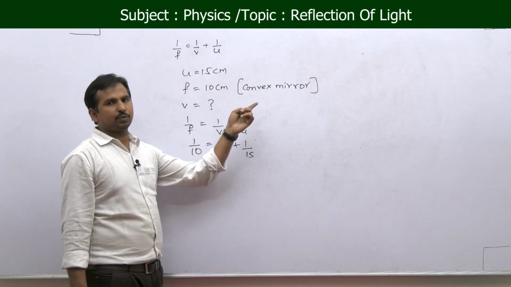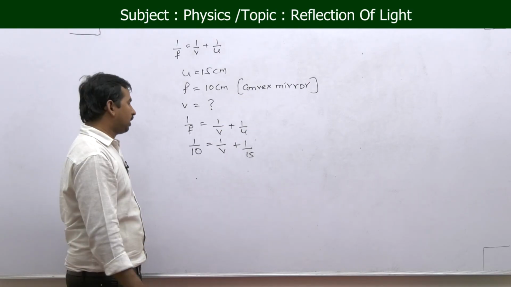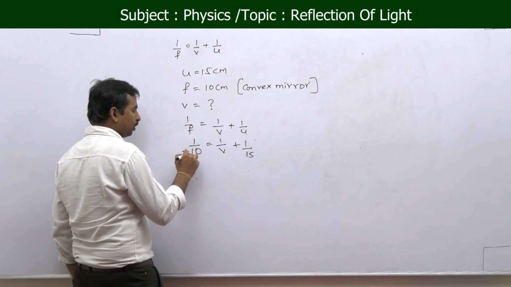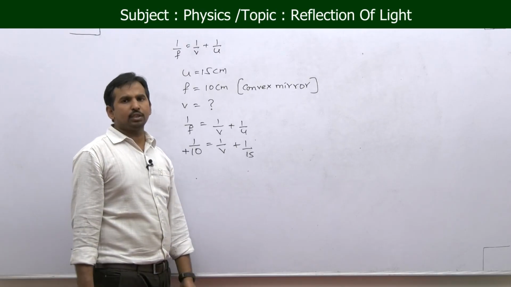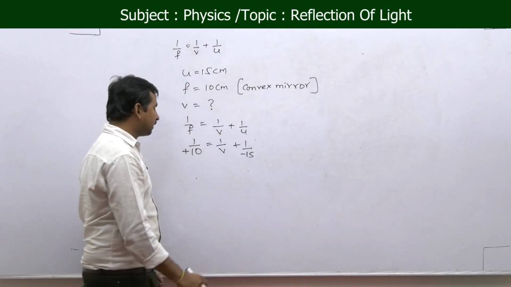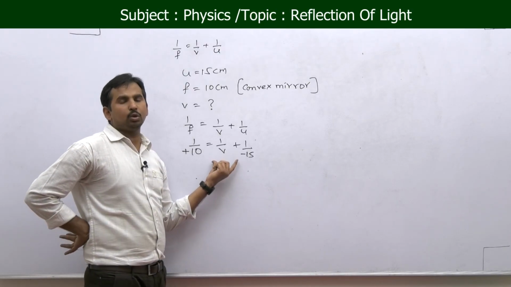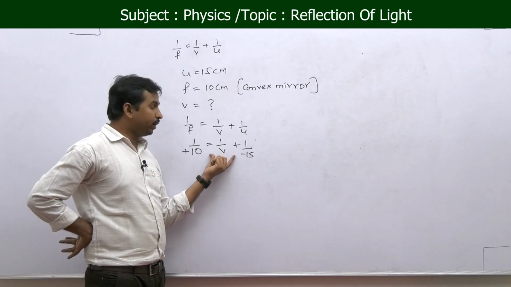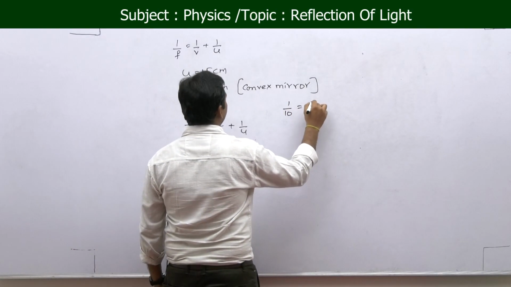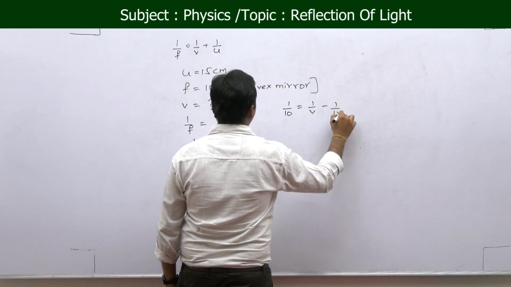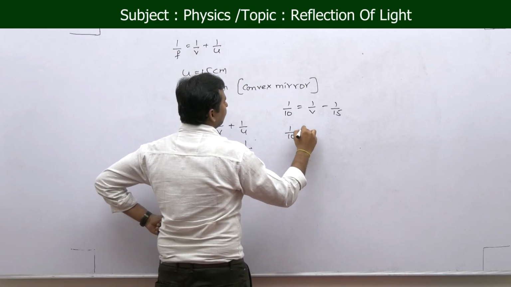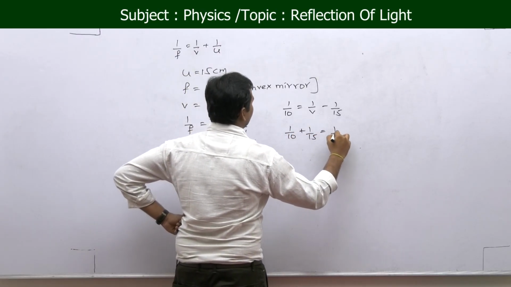As it is a convex mirror, the sign convention for focal length is positive, and the object distance for a convex mirror is negative. For the image distance we need not apply any sign convention because we don't know its value. Then 1 by 10 is equal to 1 by v minus 1 by 15. Bring that 1 by 15 to this side: 1 by 10 plus 1 by 15 is equal to 1 by v.